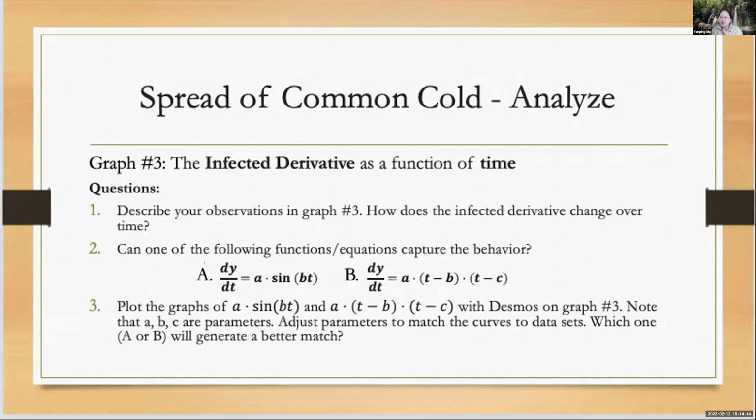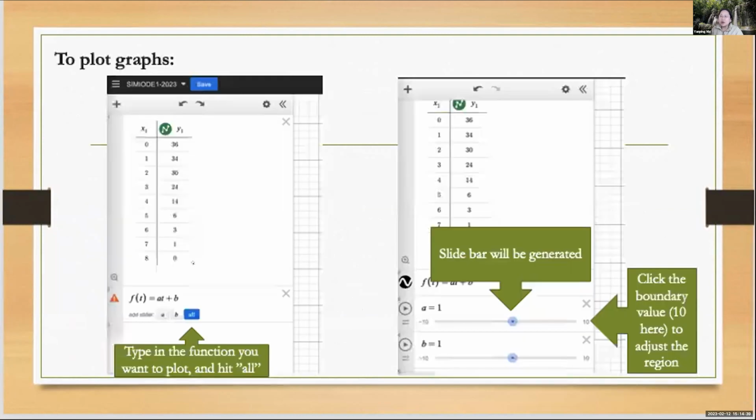And of course, it's very, very abstract. That's why I ask you to plot the graph of A times sin t, our model number 1, and A times (t minus b) times (t minus c) in Desmos on top of the data they collected, so they can compare the visualization of the model, which may or may not be a good model, over their data, and see how that works.